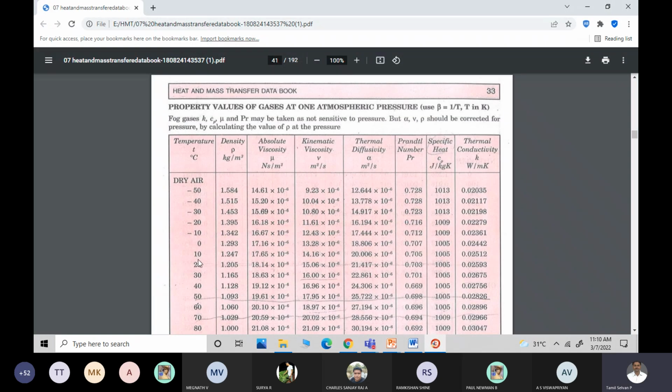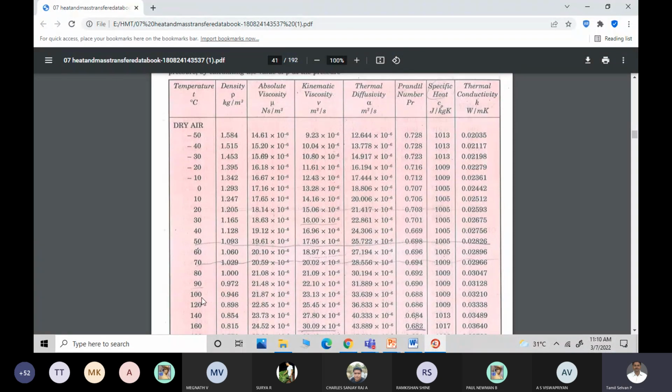Will you take the properties at 25 degrees C or at 100 degrees C?